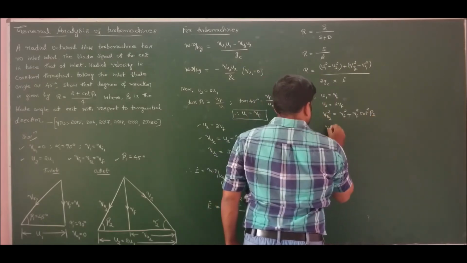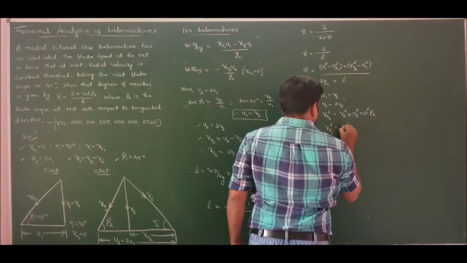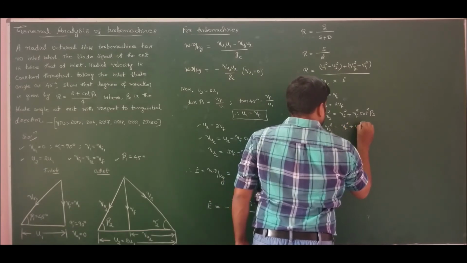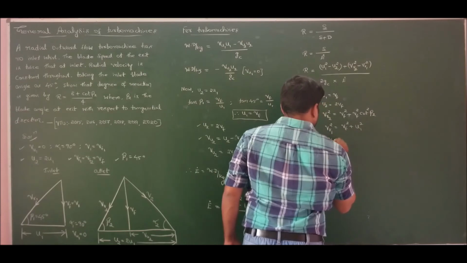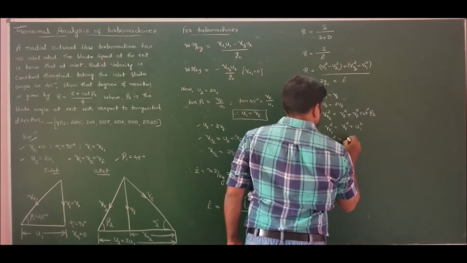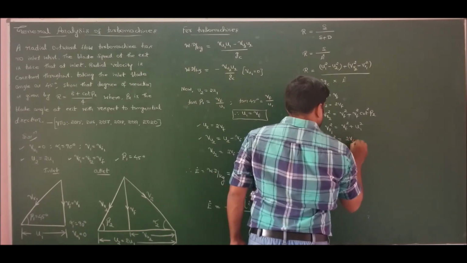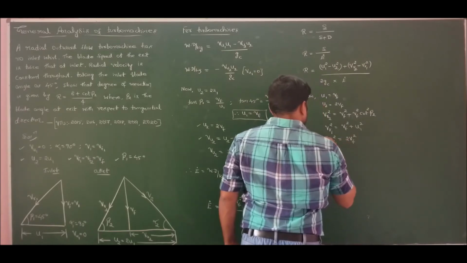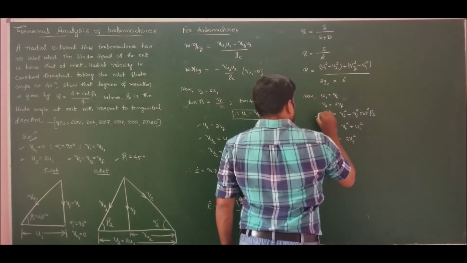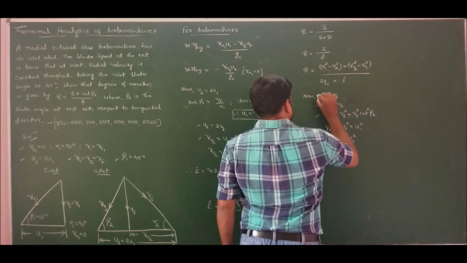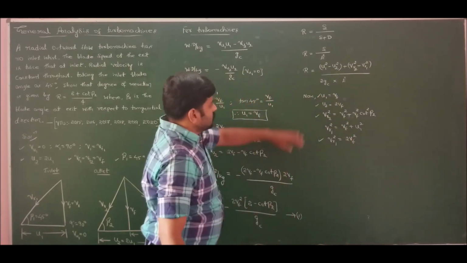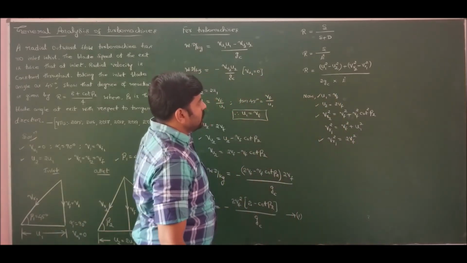Vr1 square is equal to Vf square plus U1 square, so Vr1 square is 2Vf square. So we know Vr1 square, Vr2 square, U2 and U1. We have expressed everything in terms of Vf here also.